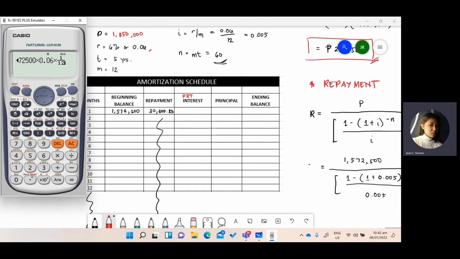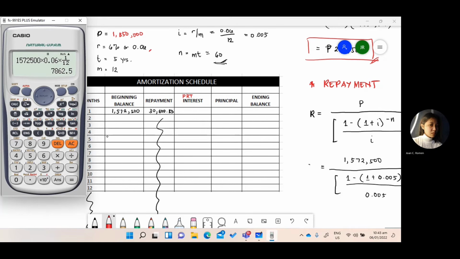So why is it 1 over 12? Or just simply divide it by 12. So sabi ko nga, it is in terms of months. So it should be in terms of years kasi. So that's why we divide it by 12. 12 months in a year. Okay, so 1 over 12. So lahat po yun.